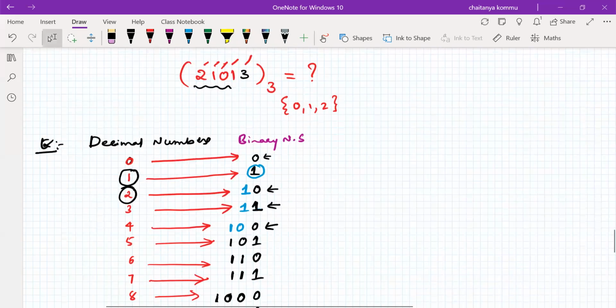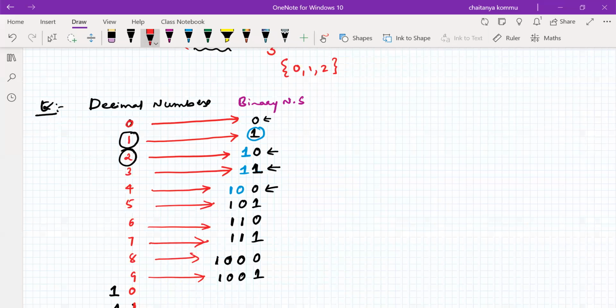For example, radix 3 number system, let us consider. Can you observe? 0 is the first digit, 1 is the second digit, 2 is the third digit, right? That's all. Now, if you want to get another sequence, we have to start with 1, 0, then 1, 1, then 1, 2. That's it.